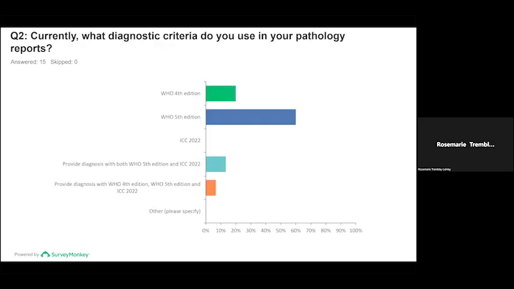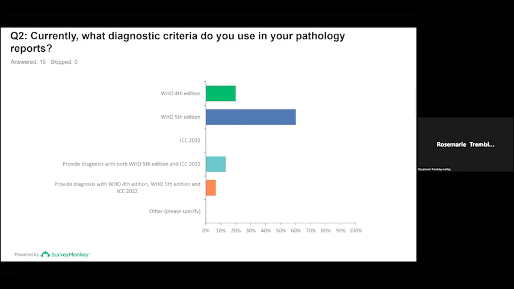Currently, what diagnostic criteria do you use in your pathology reports? There was a lot of variability. 20% still use the 4th edition, 60% are now using WHO 5th edition.